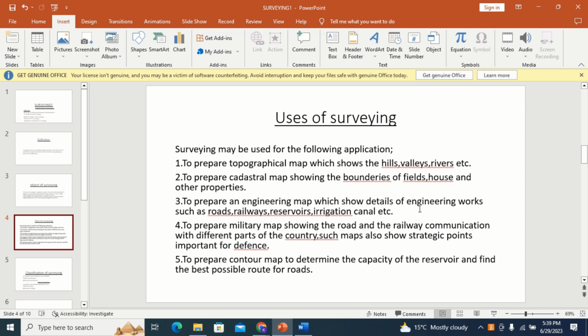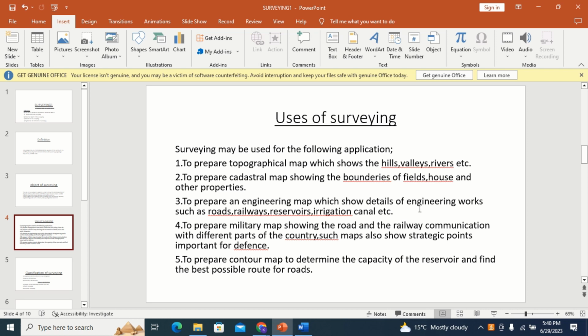Use number 3 is to prepare an engineering map which shows details of engineering works such as roads, railways, reservoirs, irrigation canals, etc. So it is on this map that we are able to locate these engineering works.